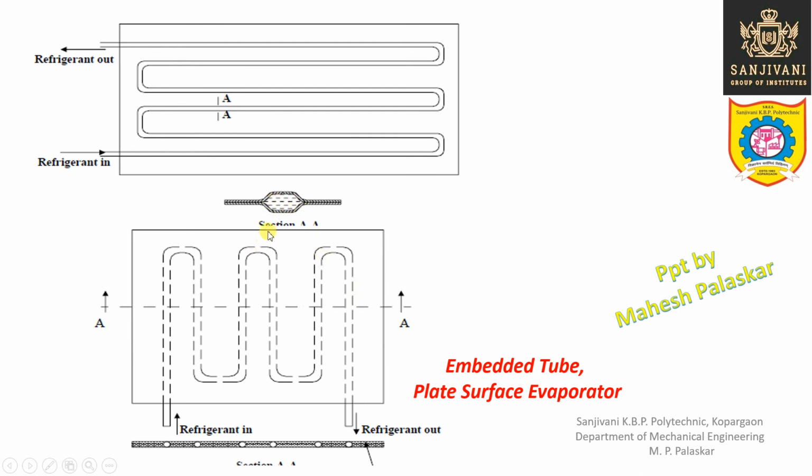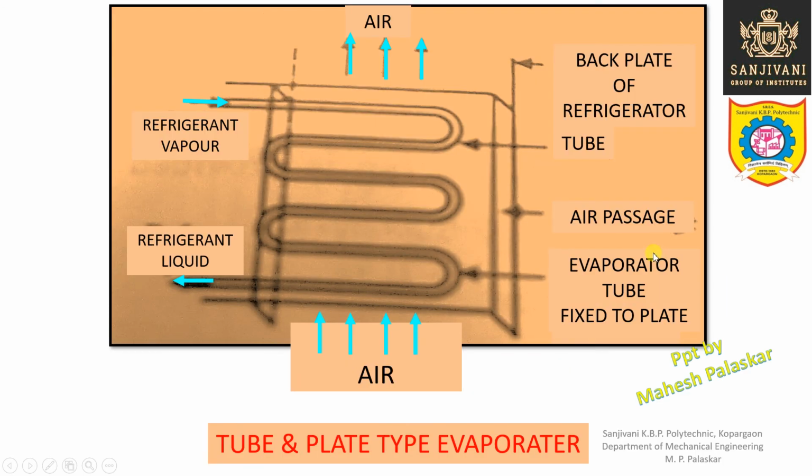Here the section at this tube is like this, okay. So the walls are bent in such a way that automatically tube formation takes place, right? So this is the tube and plate type evaporator, or again the plate surface evaporator, right?